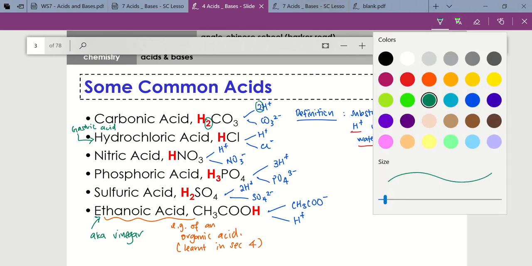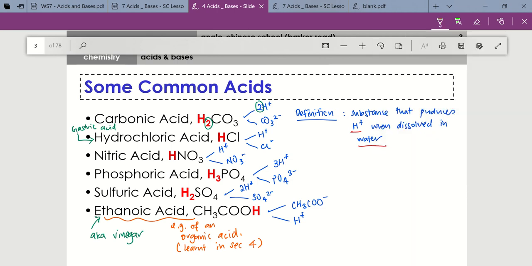Okay, and then subsequently you see for the rest, like let's say hydrochloric acid, there's one H in the formula of HCl, hence I get one hydrogen ion, and so on and so forth.